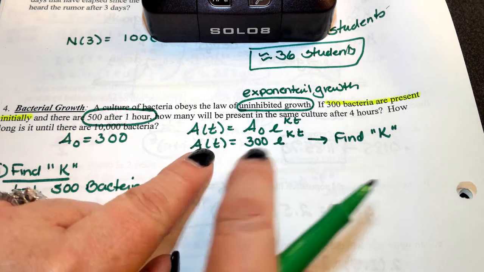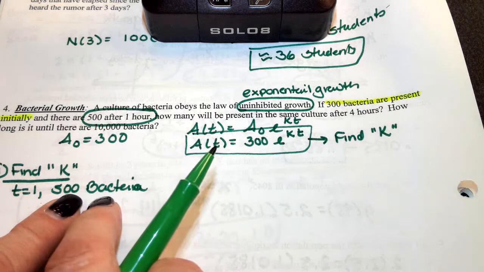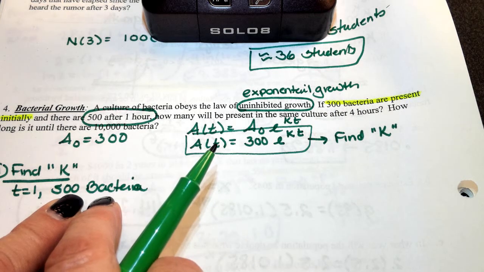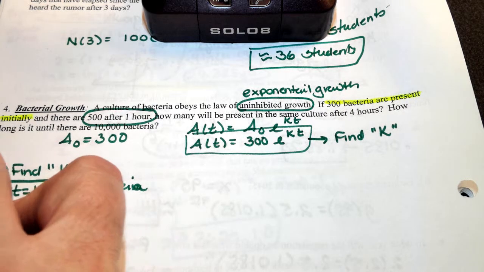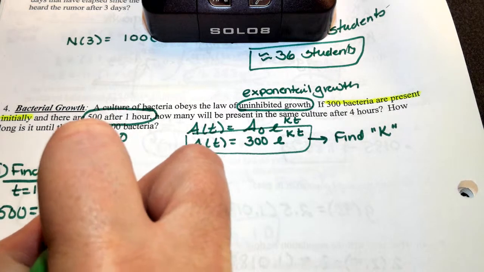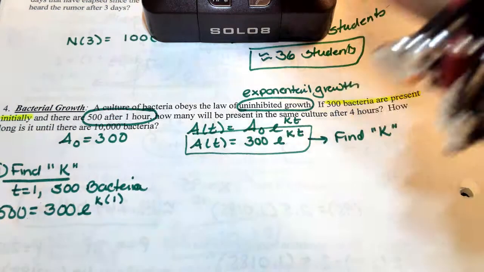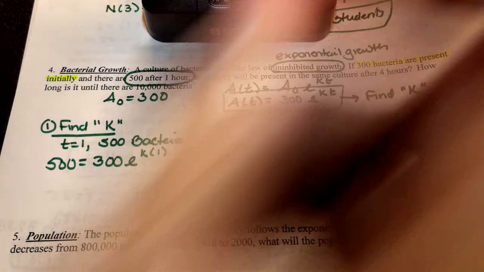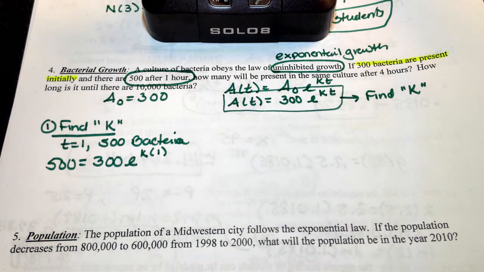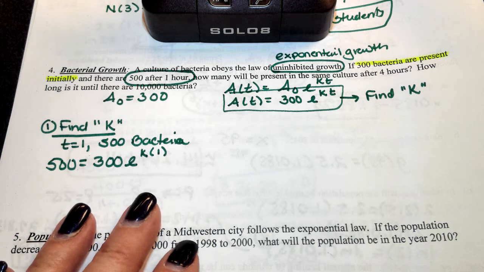So what I can do is take this equation that I started to write and set it equal to 500 and plug in 1 for t. So 500 has to be equal to 300 times e raised to the k times 1 power. So like I said, if they don't give you that k value, they're going to have to give you an amount after a certain time period to plug in to help you solve for k. So any questions on how I've set this up so far?